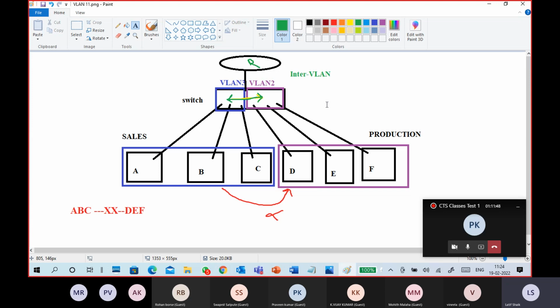Usually inter-VLAN routing is used in a CAN, not in a LAN. When you use a campus area network, inter-VLAN routing is more important.